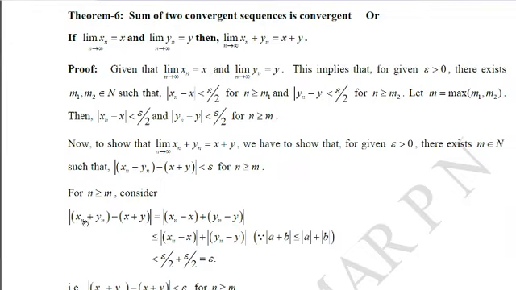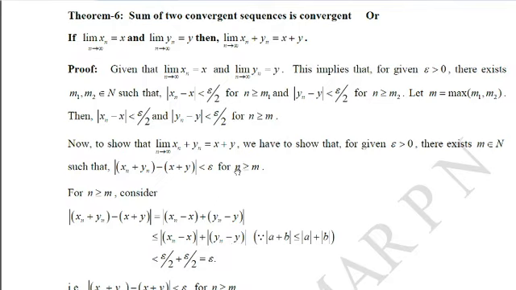Now separate the terms like this: xn minus x, let me write that as one group, plus yn minus y as another group. Now this is of the form mod a plus b. What is mod a plus b? We know that mod a plus b is less than or equal to mod a plus mod b. Apply that result, then you'll get less than or equal to mod xn minus x plus mod yn minus y.